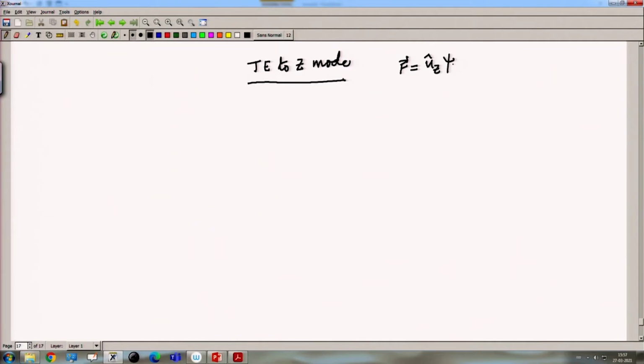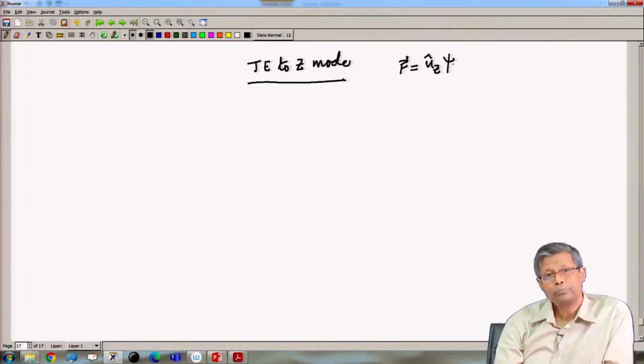There we found that E z was equal to 0, which corresponds to the TE to Z mode. So, we pick up those fields and we apply the boundary conditions of the waveguide and see whether it is possible to satisfy the boundary conditions using those field expressions.